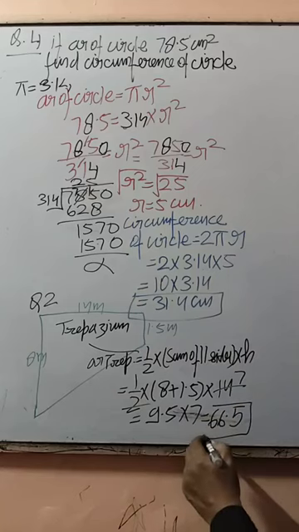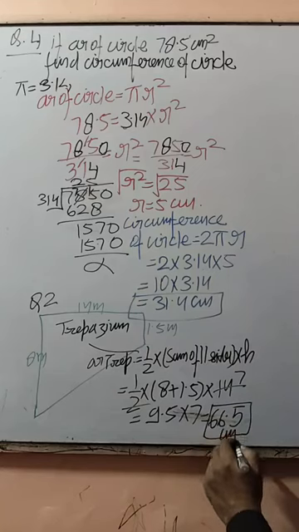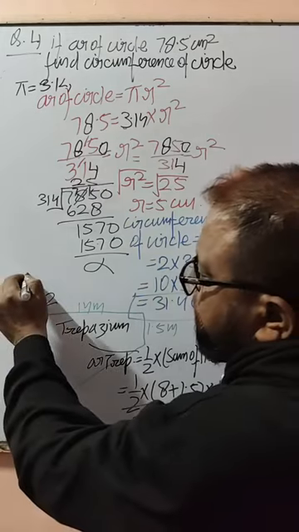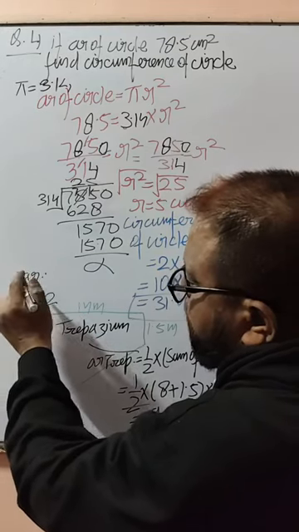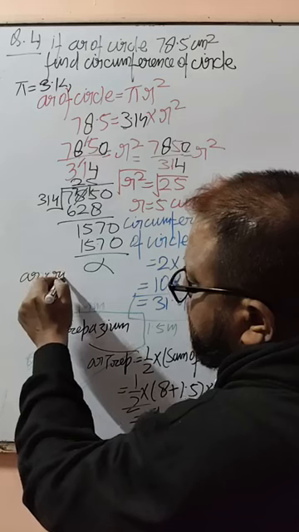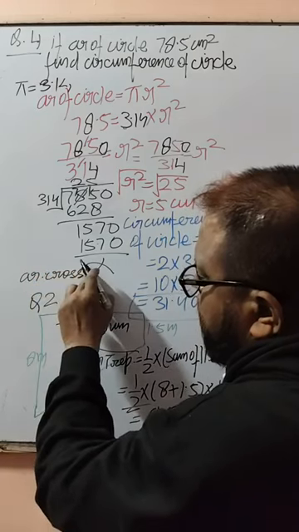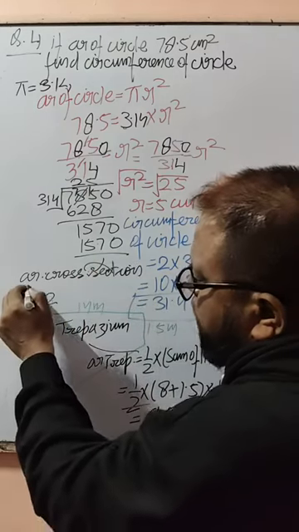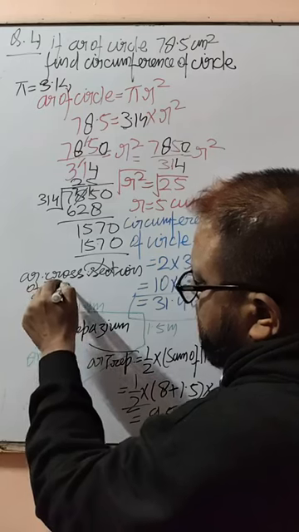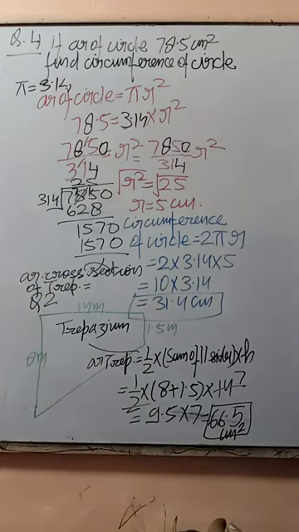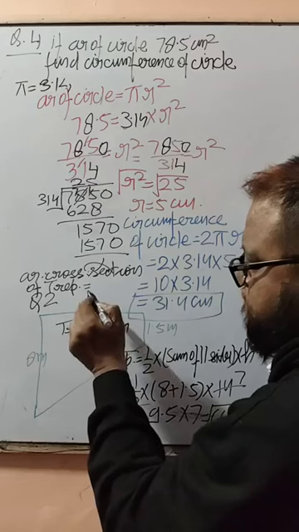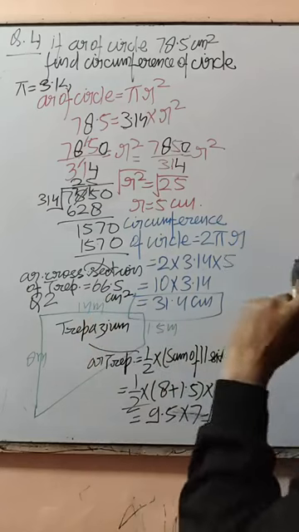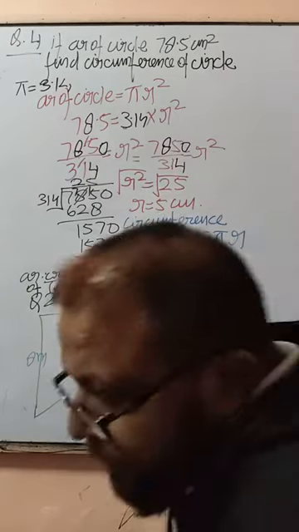So it is 66.5 centimeter square. Right? So area of cross section of trapezium is equal to 66.5 centimeter square. Great. Done? Yes, sir. Okay.